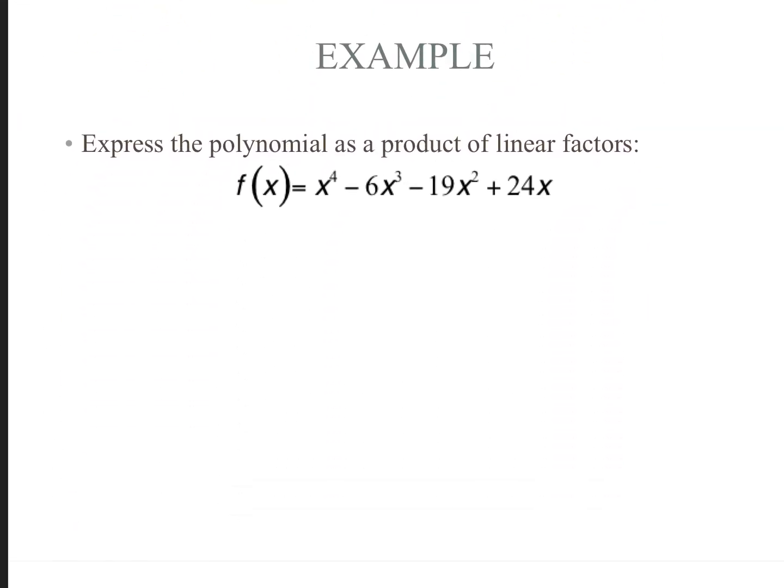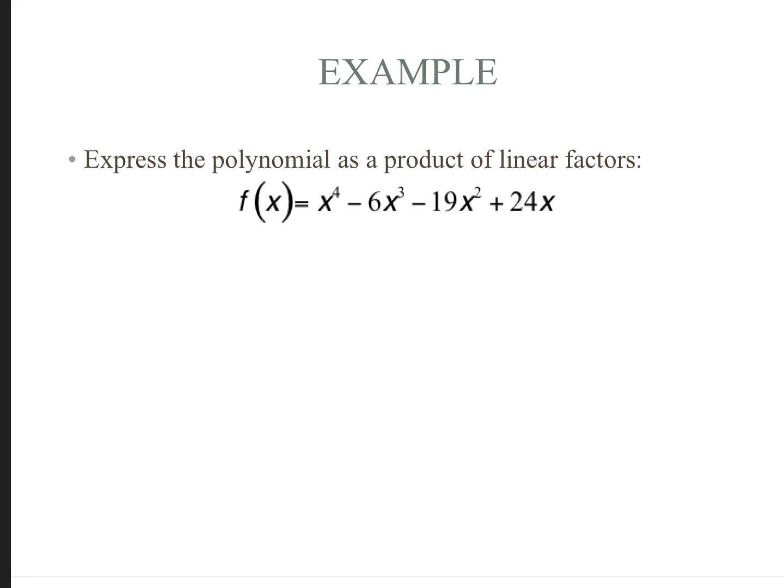Okay, so this one is asking you pretty much in essence to factor. But of the factoring methods that you know, like trinomials, difference and sum of cubes, difference of squares, and GCF, the only one that's going to actually work here at the beginning is GCF, right?